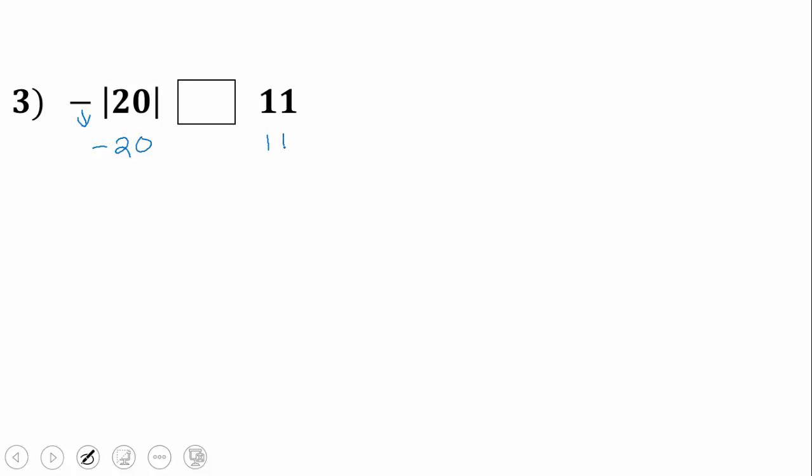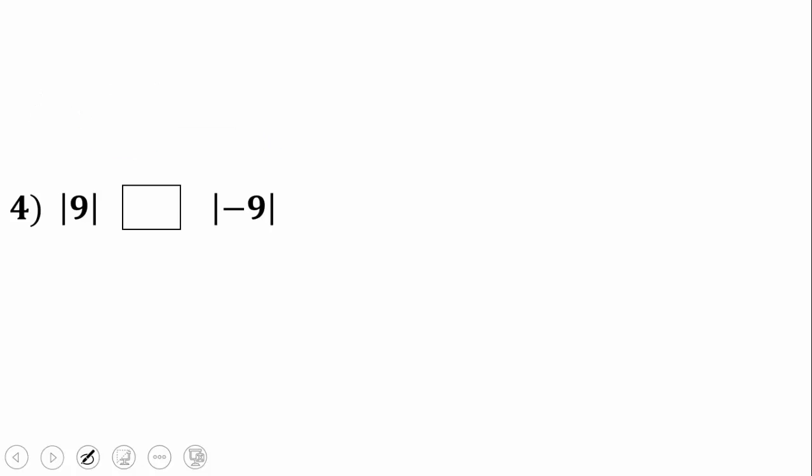And I'm sitting here and I know if I have a positive number and a negative number, that the negative is to the left, the positive is to the right. That means the positive is greater, the negative is less. So the negative absolute value of 20 is less than 11.